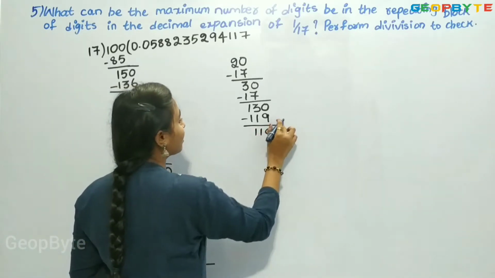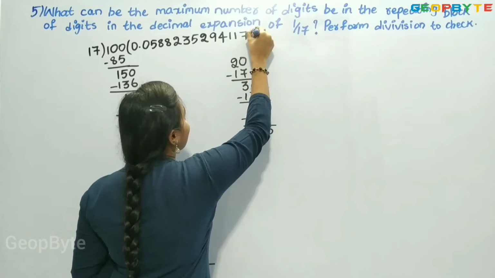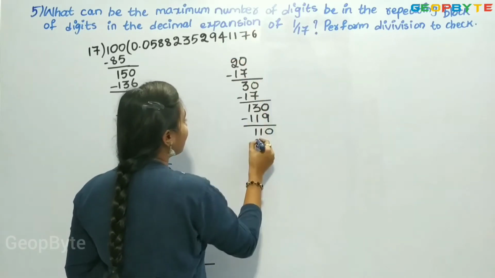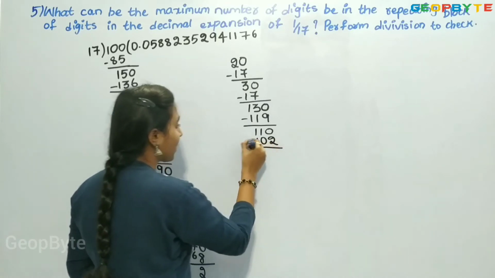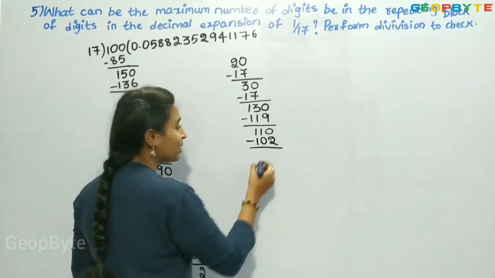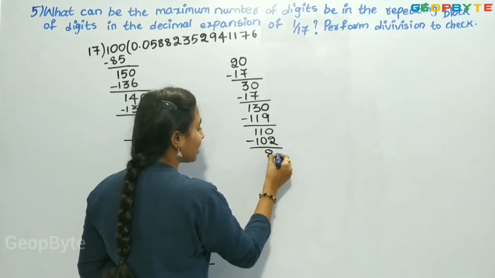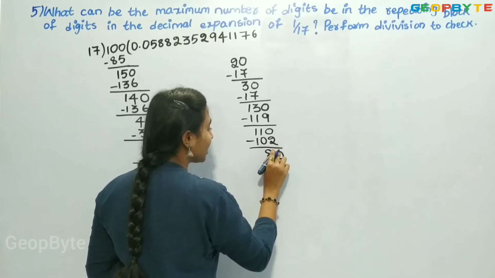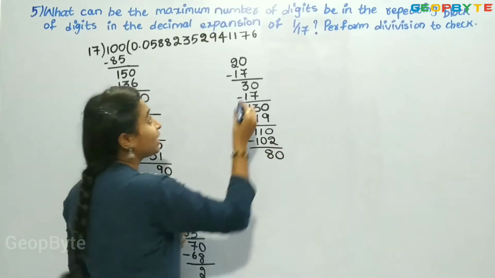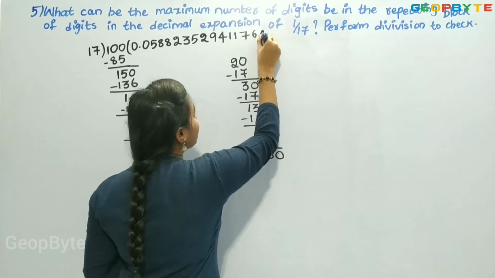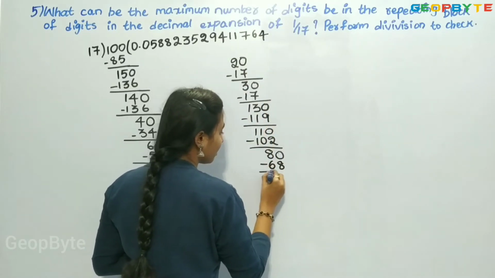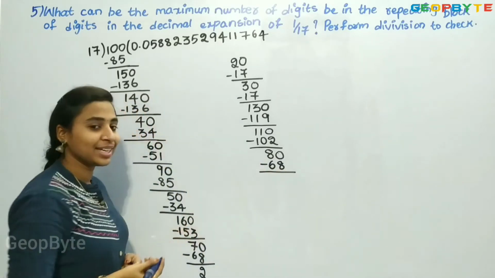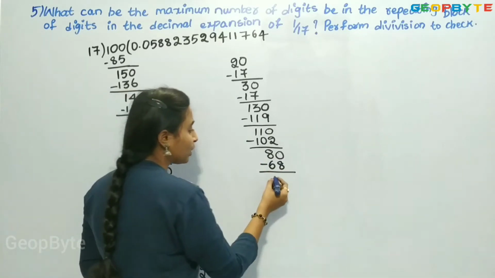Again 17, 6 are 102. 110 minus 102, 8. Again let us put a 0. 17, 4s are 68. 80 minus 68 gives you 12.